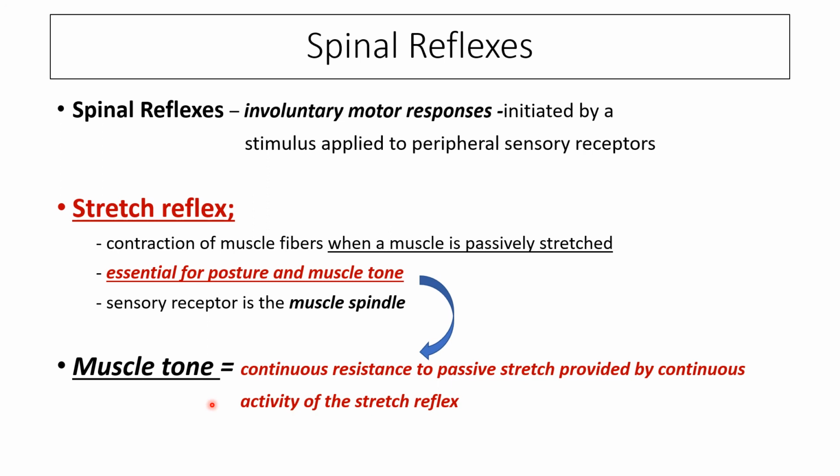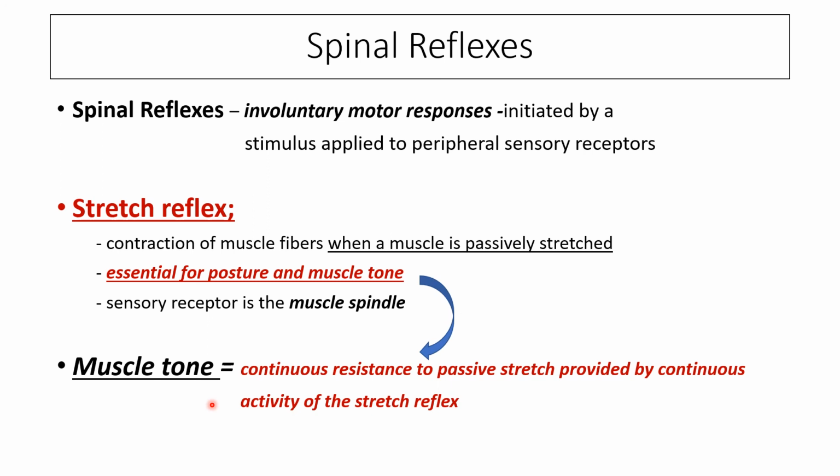And if you go too far back, then the muscle fibers in the quadricep muscles will passively stretch, causing the muscle spindles to fire, causing the quadricep muscle to contract to pull you back again.